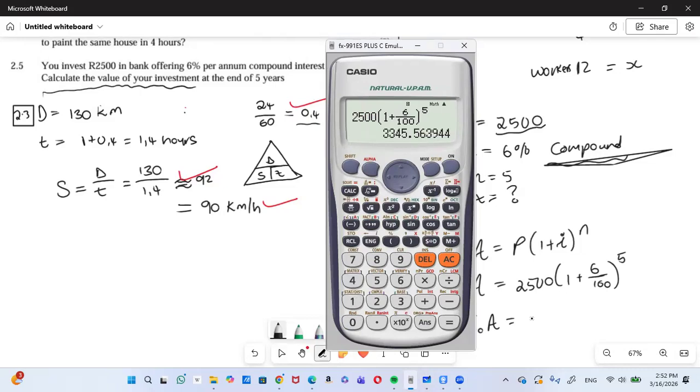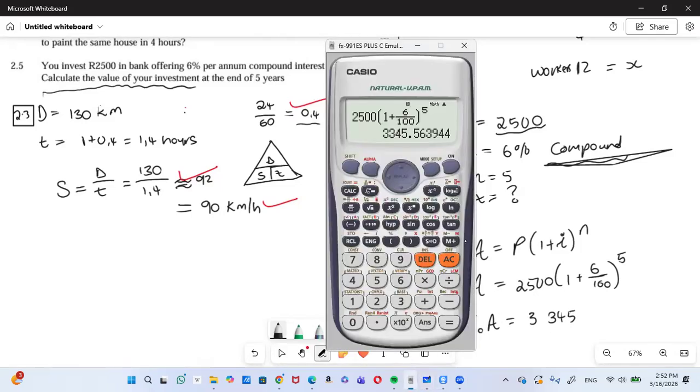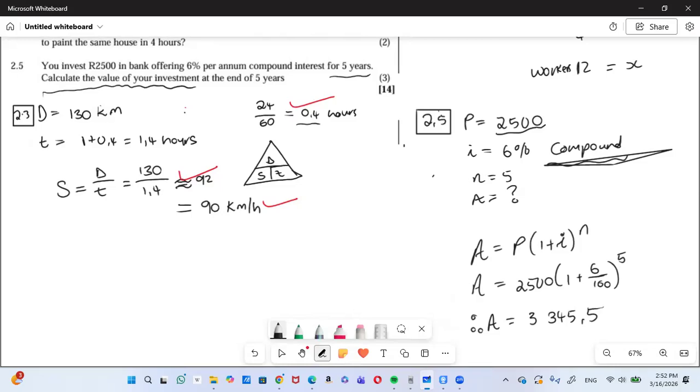So after 5 years, the money that you will have will be 3,345 and 56 cents. So this is how much money you will have if you invested that much within 5 years with compound interest.